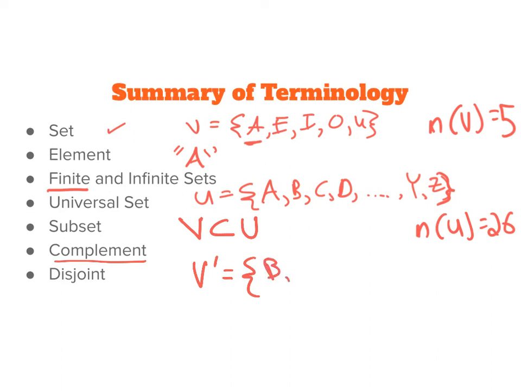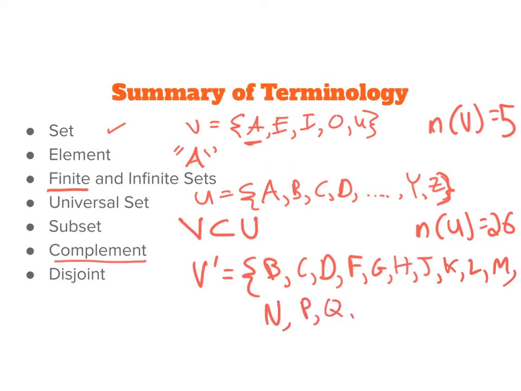The complement would be B, C, D, F, G, H, and I could just go through, and what I'm doing is listing every letter in the English alphabet that is not a vowel, presuming that Y is not a vowel.